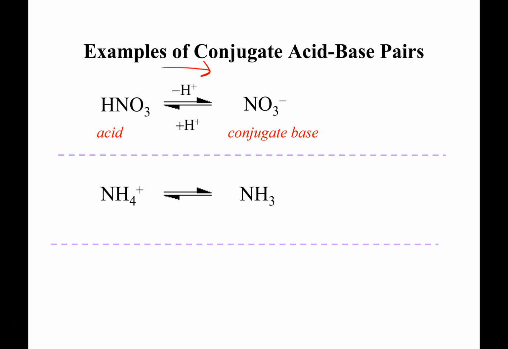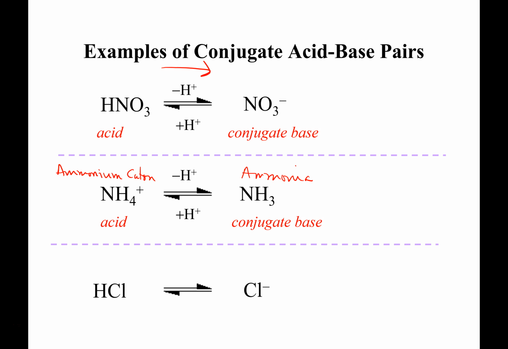Now this is a weak acid. The ammonium cation can kick off a proton and give you ammonia. So make sure we're all on the same page here. This is ammonium cation, and this is ammonia.